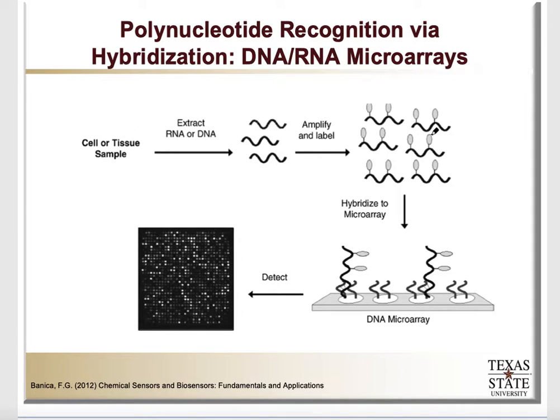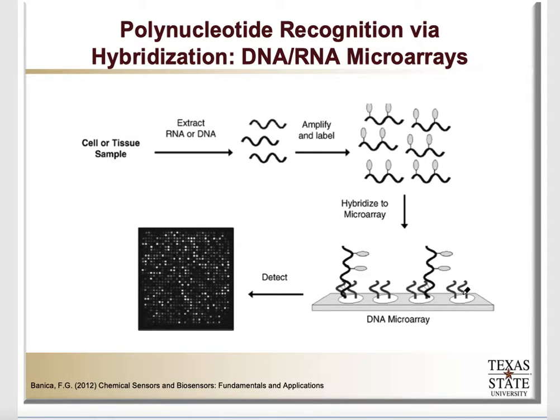The way that you get some specificity is by adding it to a pre-prepared microarray in which we have selectively placed nucleic acids that are different. So this is one type of nucleic acid. On this spot, we have a second type of nucleic acid, and so on and so forth. They have different sequences, and therefore they're going to attach to different nucleic acids from our sample. Of course, that requires that we have some prior knowledge of what we're looking for.